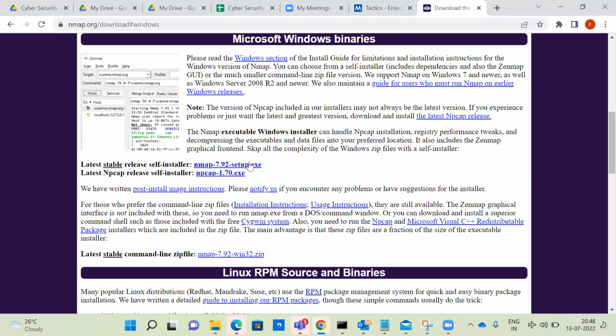Now click on Nmap 7.92 installer. This is the latest. What is the version of Nmap? 7.92. Yes, you click on this one and install this software.